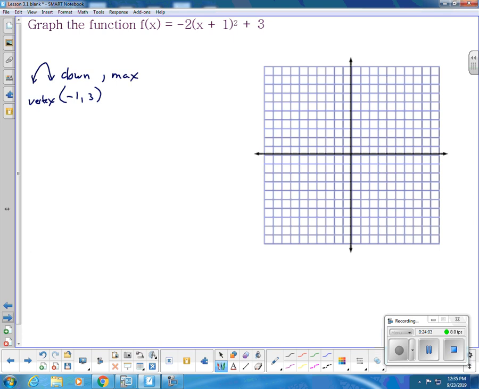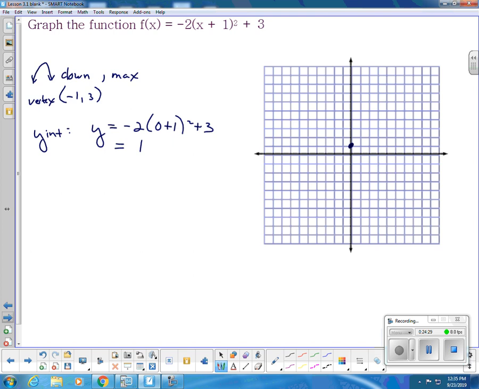Okay. The y-intercept. Remember, to find the y-intercept, you're going to plug in a 0 for the x. So when it's in this form, you have to do that. When it's in general form, you can just say it's the c value. We don't have the c value here. -2 plus 3 is 1. So the y-intercept is a 1.